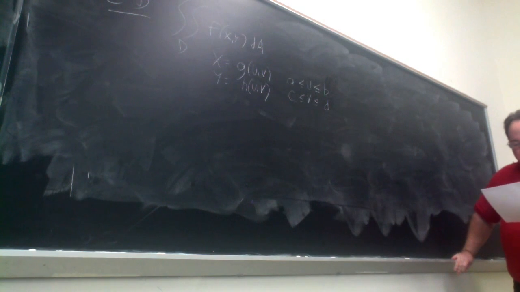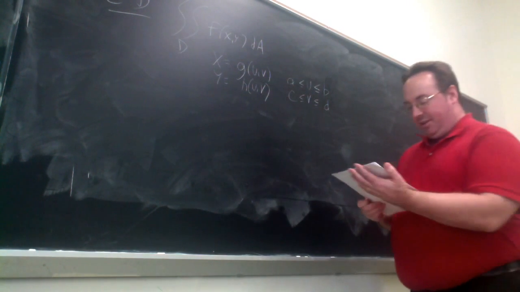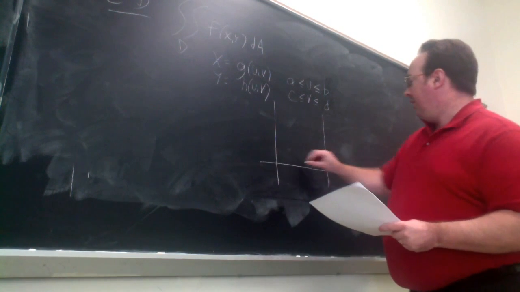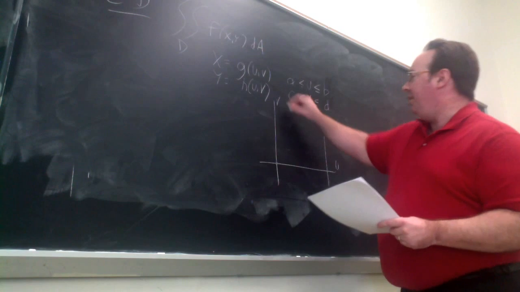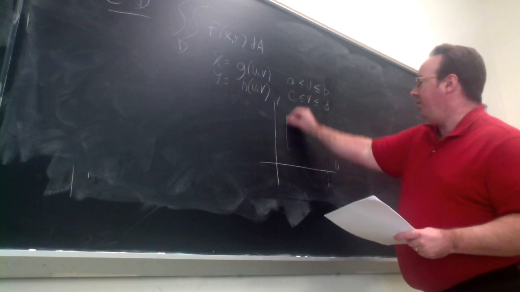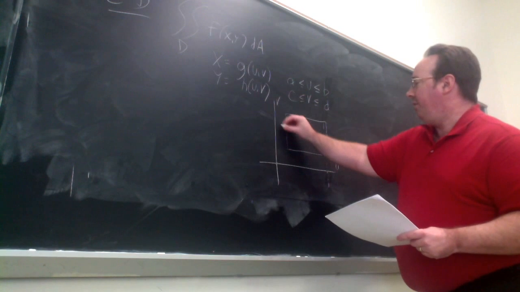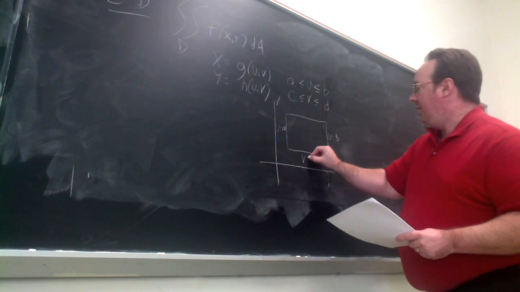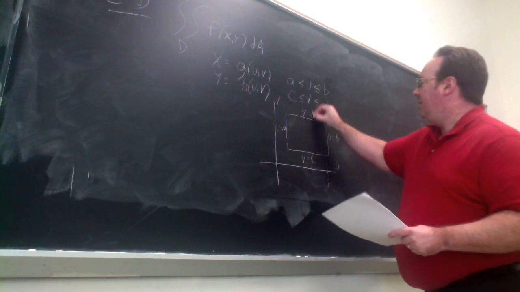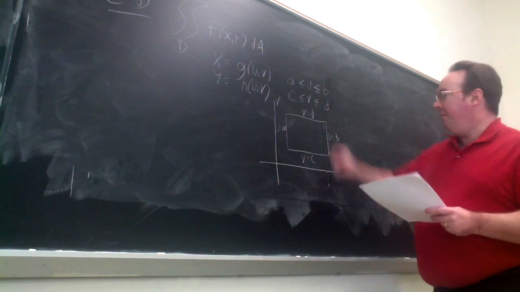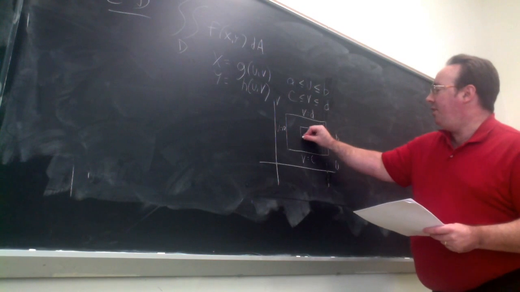Okay, so what we do is, if we look in UV space, so here we have U and V axes, and then we have our rectangle that goes from A to B in U, and C to D in V. And we look at some subrectangle here.